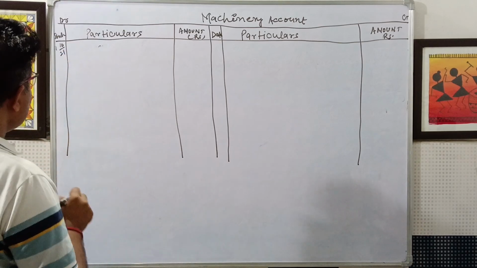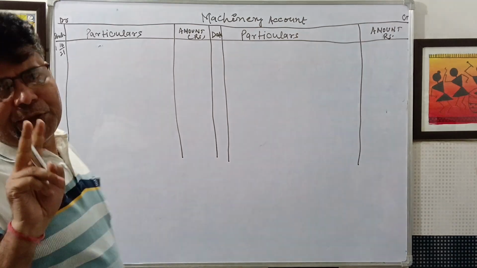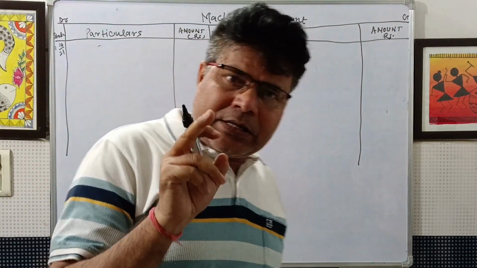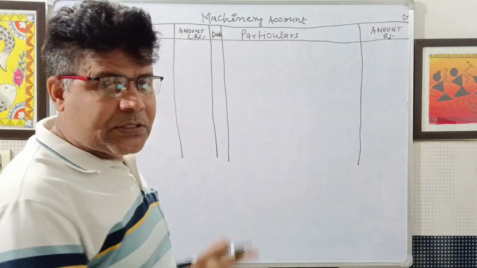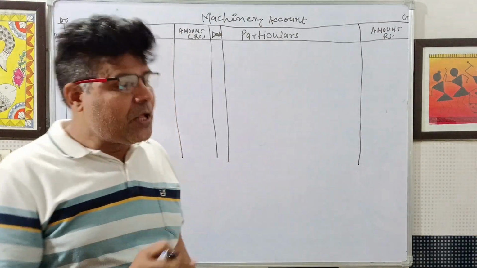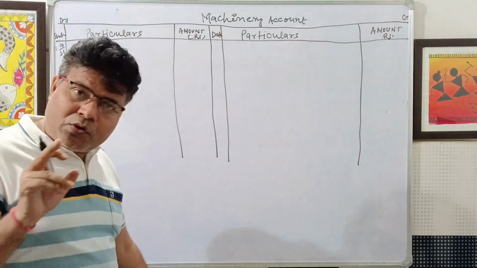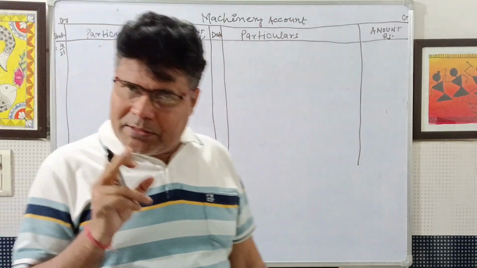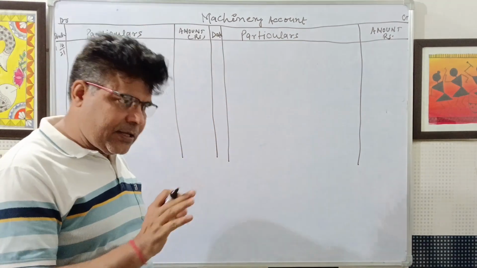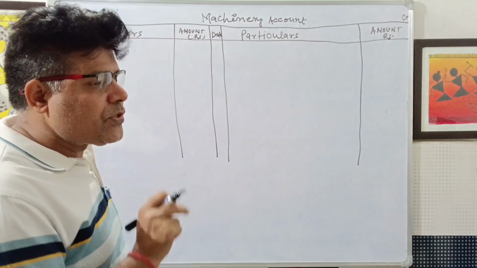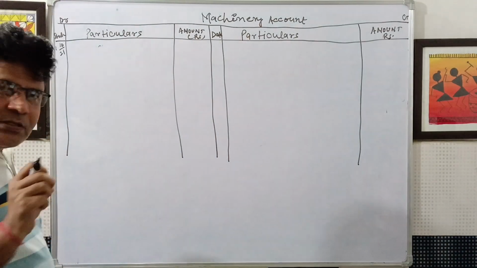I already told you, in this chapter you have two key points: the date and the method. In this question, the method used is the original cost method, also known as the straight line method or fixed installment method, whatever is written in the question. Here the original cost is written every year, so we use the original cost method.